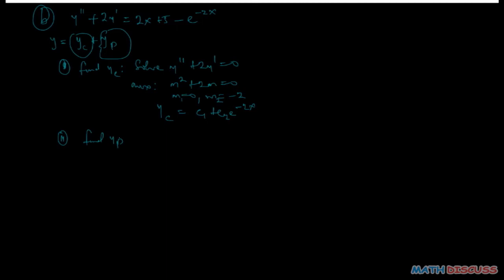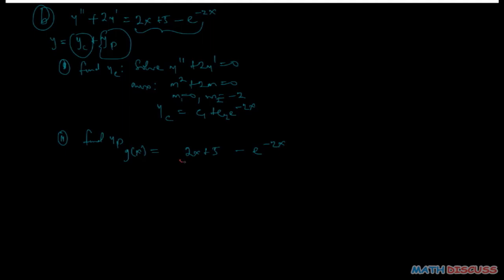The form we assume is dependent on what we have on the right hand side. Let me call my right hand side g of x: 2x + 5 - e^(-2x). What I use to represent my g of x depends on what I have here.